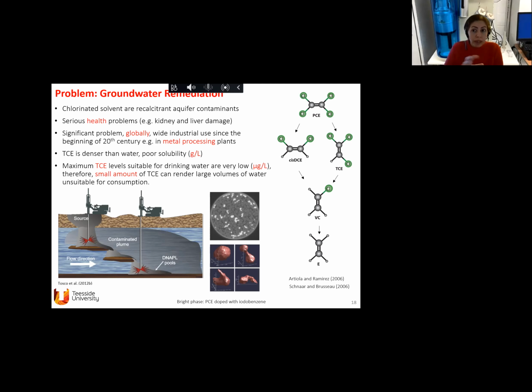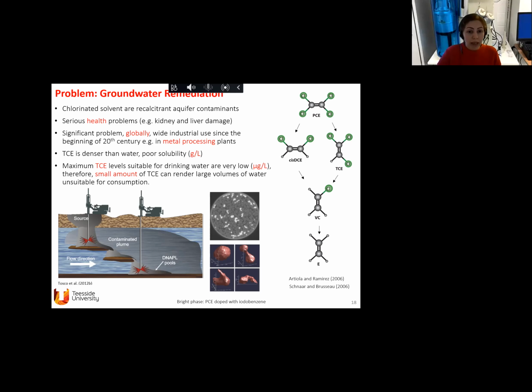There's quite a lot of these already subsurface contaminating groundwater, and basically the idea behind this study was to try to see if we can, from a pore-scale perspective, look at some of the new technologies that are targeting in-situ degradation of these contaminations.